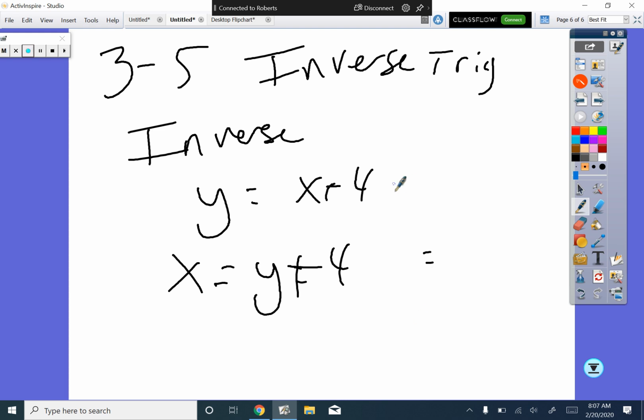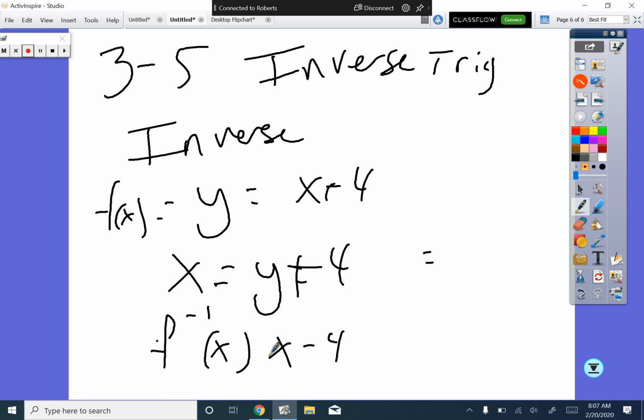We could call this f of x, and its inverse, f inverse of x, would be x minus 4. Agreed? We just subtracted the 4 over to the other side. Remember that as you do the inverse trig functions.